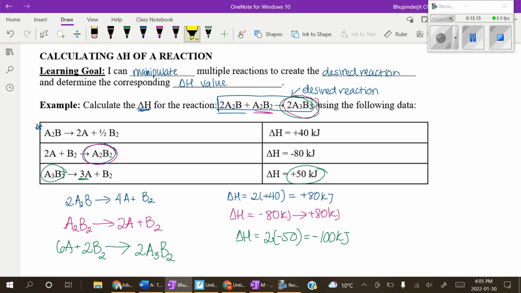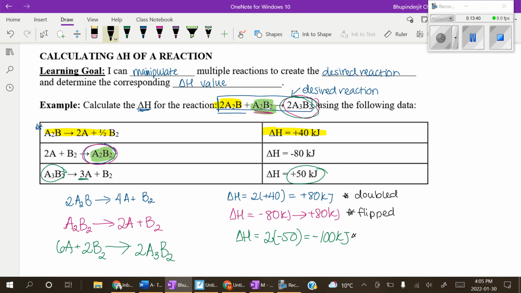The first reaction, I'm going to highlight in yellow. The first reaction, what we did was we flipped it. Oh, sorry, not flipped it. We doubled it. So we doubled. The second reaction, I'll take it in green. What we did was we flipped it. Okay, so we flipped.